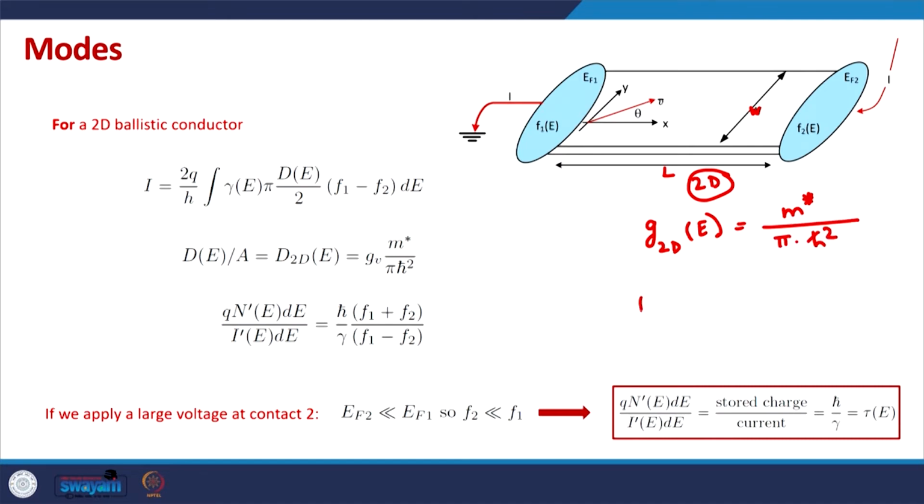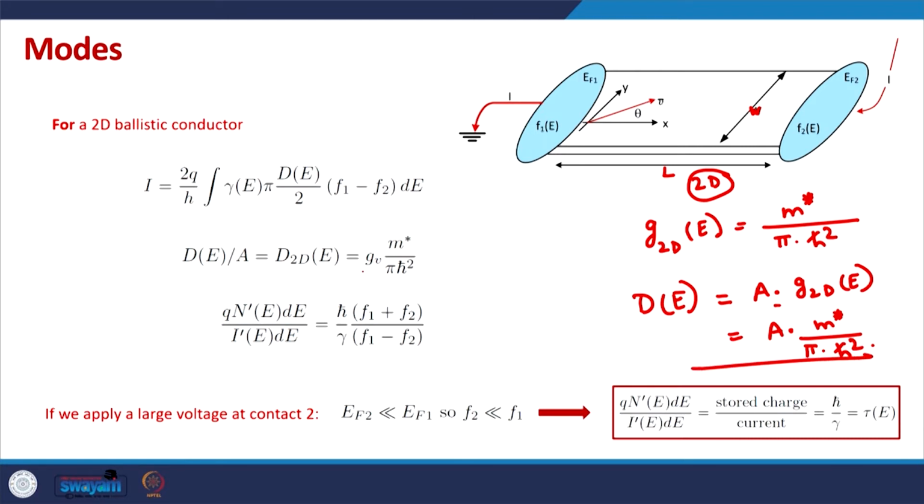So, in a 2D channel, this parameter, which is essentially the number of electronic states per unit energy, will be area times m star divided by pi h bar square.